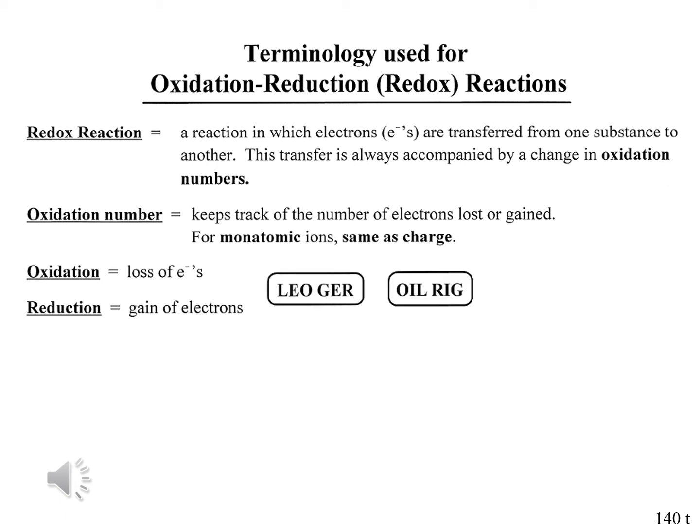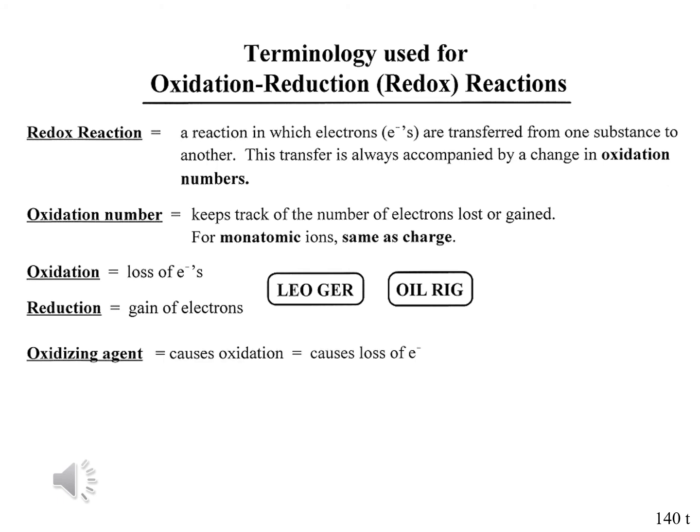Leo goes grr. Leo's a lion. Lions go grr. That's loss of electrons is oxidation, gain of electrons is reduction. You can also use oil rig. Oxidation is loss, reduction is gain. I don't care how you remember this, as long as you remember it.